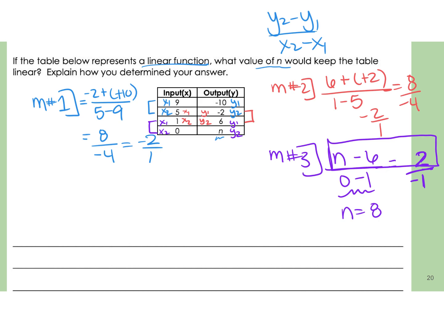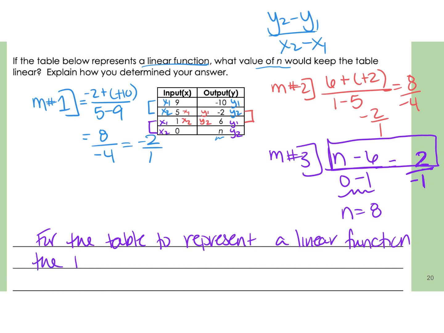Answer the question. For the table to represent a linear function, it says explain. So I'm going to kind of explain and then I'll put my answer.